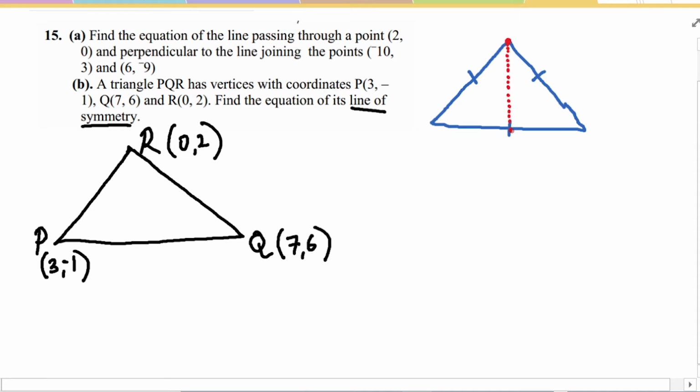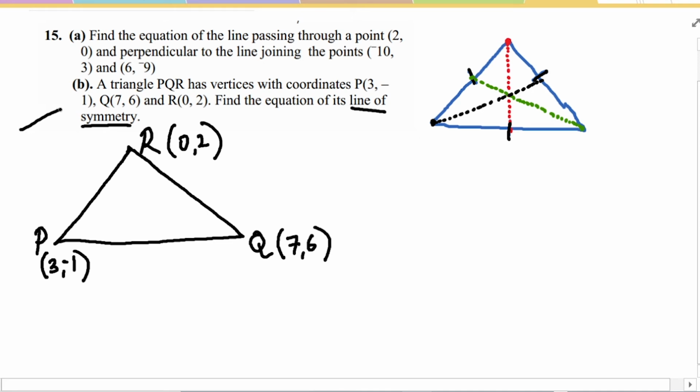You see that line divides that triangle into 2 equal parts, or it can be a perpendicular dropped from that side onto right there, or it can be a line that is dropped from here and it is going like that. That is if it's an equilateral triangle. It can have 3 lines of symmetry, but this is on condition that the sides are all the same.